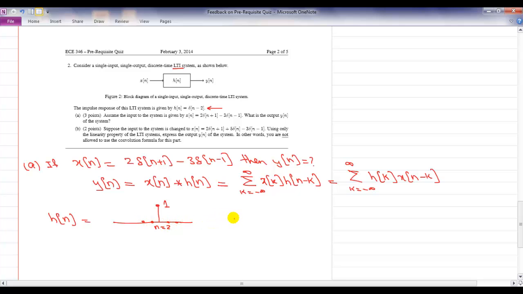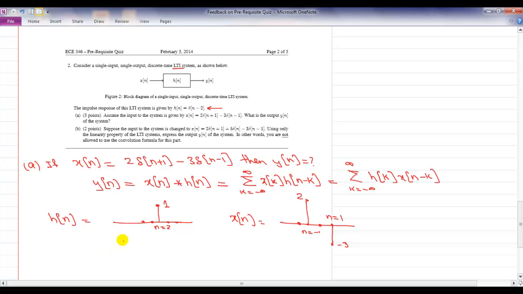And you can plot x of n, which is a delta of height 2 at n equal to minus 1, 0, and then a delta of height minus 3 at n equal to 1.